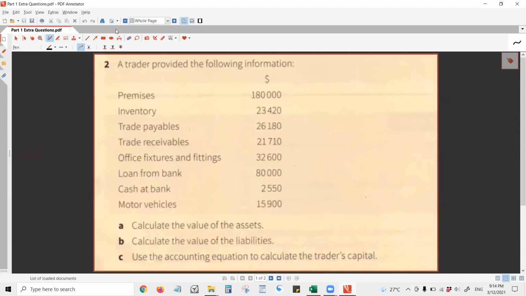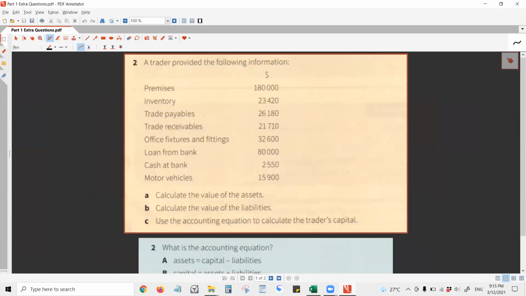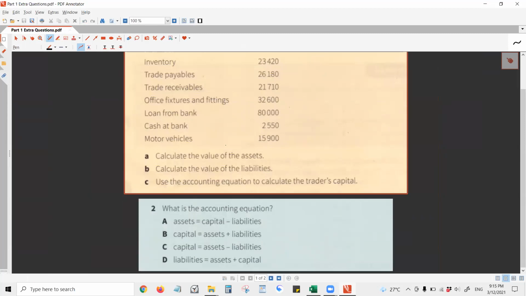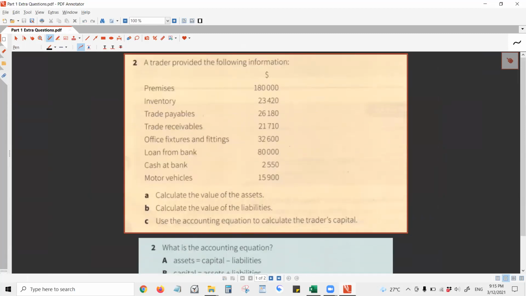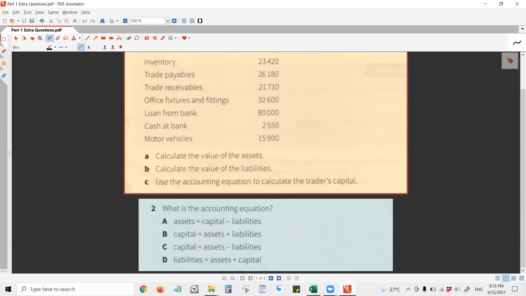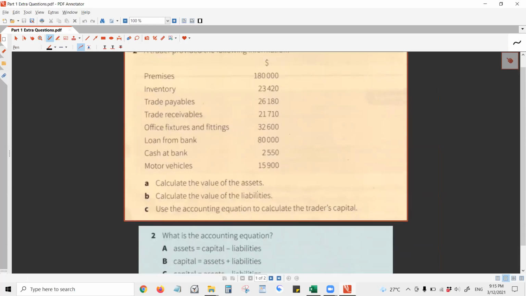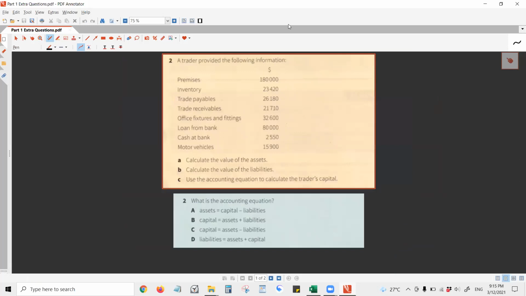Until everybody has given me the answer for both questions, then I start to discuss. Only 2 questions: 2A, 2B, 2C. Then also tell me the answer for question 2. Okay, can begin. I wait for everyone. Once you have done, send your answer to the chat box.